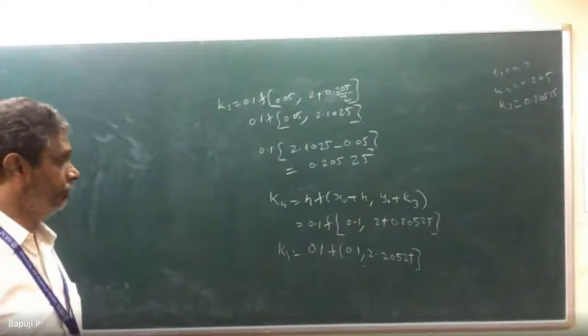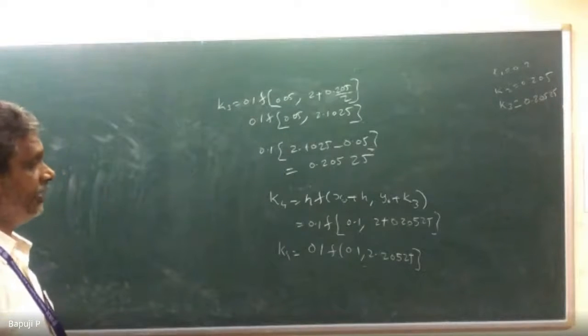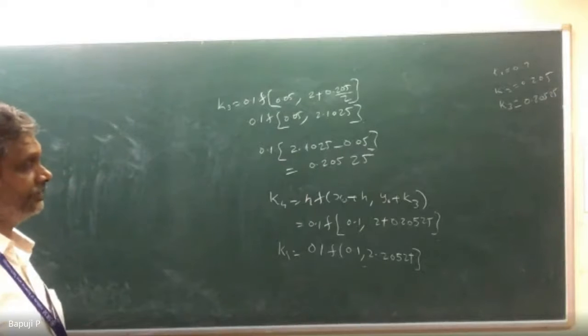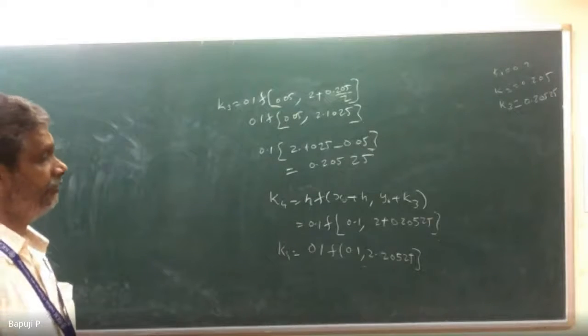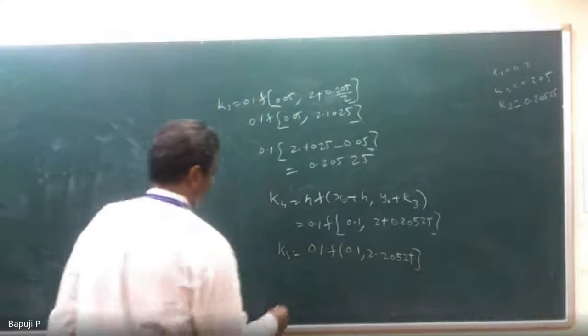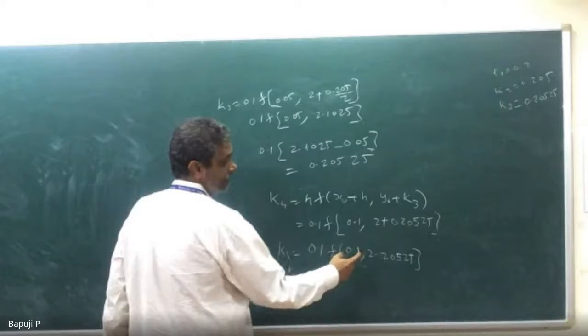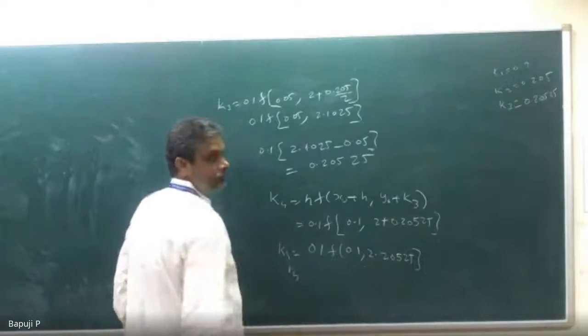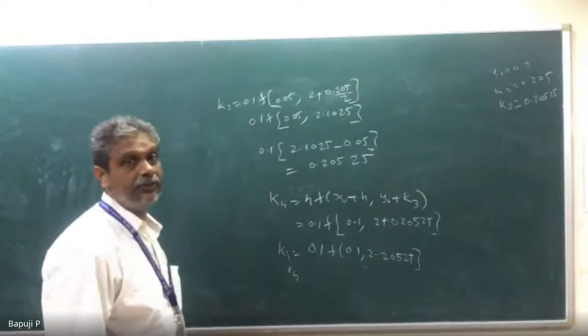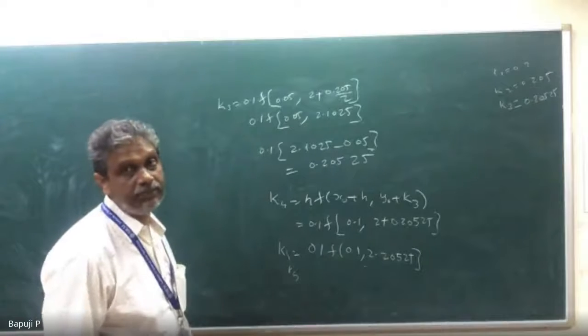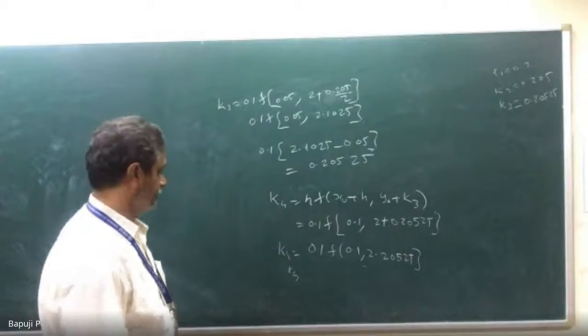Now, what you will do, this substituted, what is my f of x, y? Y minus x. Y minus x means what? That value you can substitute. So this meaning is what? F of x comma y, x value at 0.1, y value. So in textbooks they may write again and again, you don't get confused. I am doing in a different method, textbooks may do in a different style.